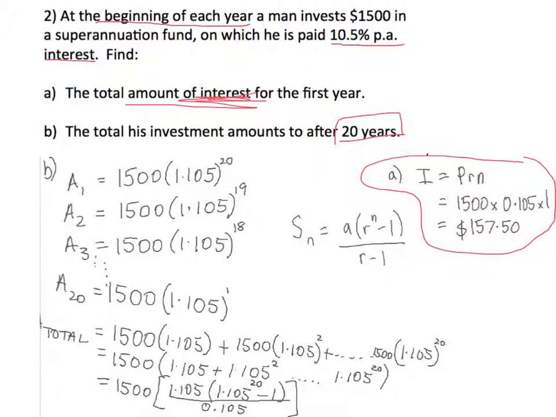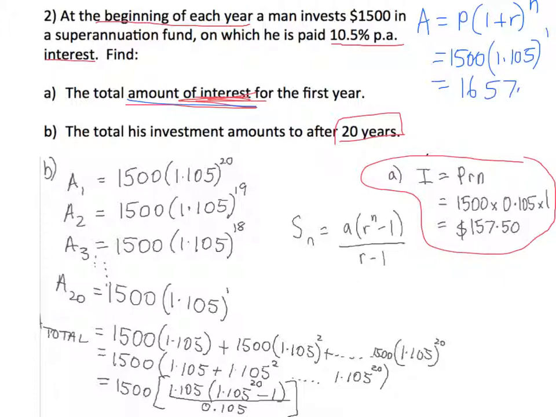Another way of doing it is by using the compound interest formula, but remember, the question is asking for the amount of interest. The compound interest formula gives you the final amount including the interest. So we'd have $1,500 times 1.105 to the power of 1, and if we put that in our calculators, we get $1,657.50.